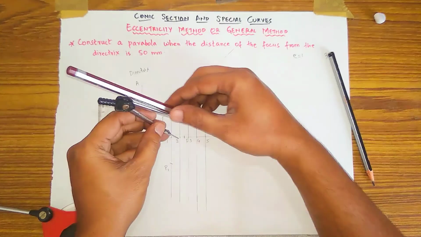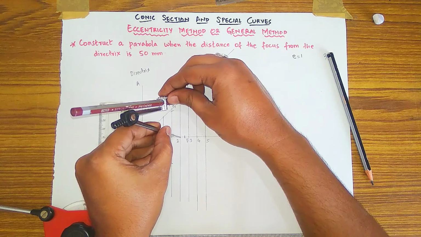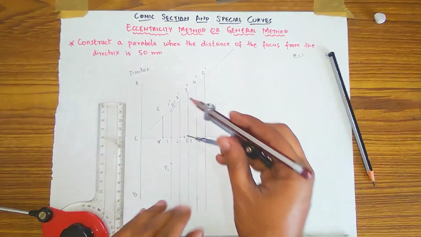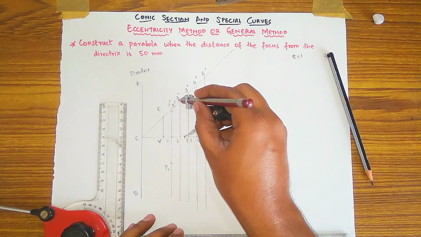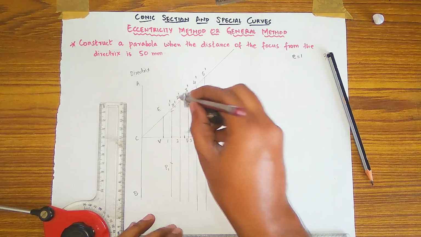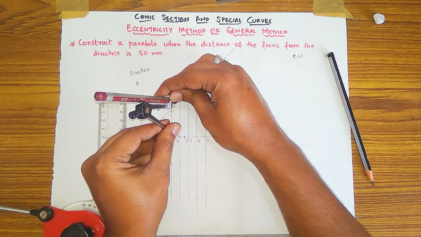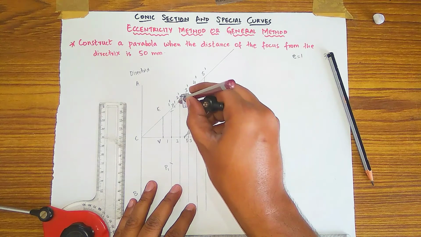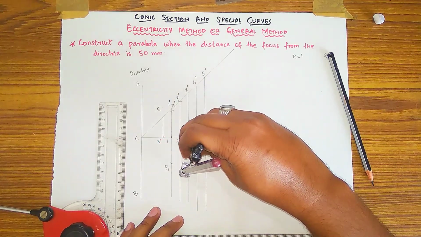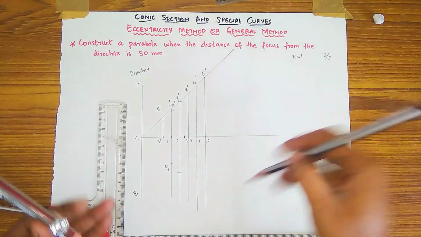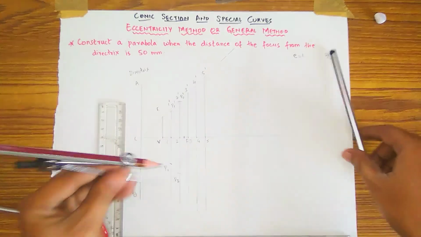Then similarly for the other points, from 2 to 2 dash, keeping on focus F, take an arc. This will be P2 and this will be P2 dash.